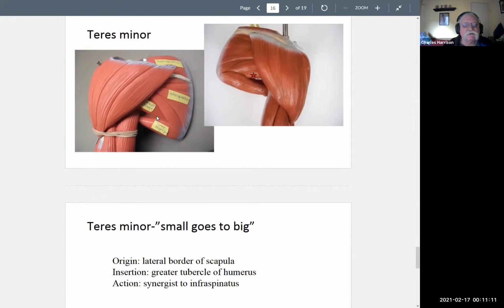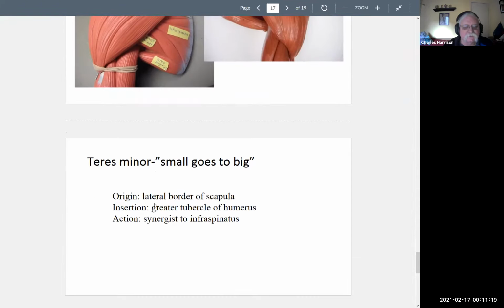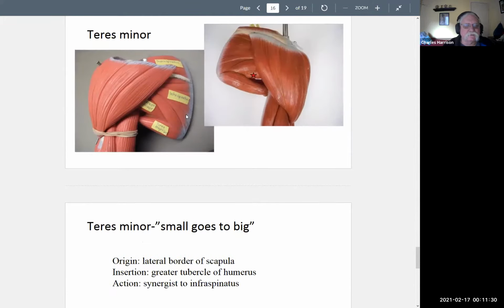This one shows the teres minor. Okay. And its origin, lateral border of the scapula. Have to think for a second, don't you? Lateral border of the scapula. Oh yeah, that was over here underneath the armpit.